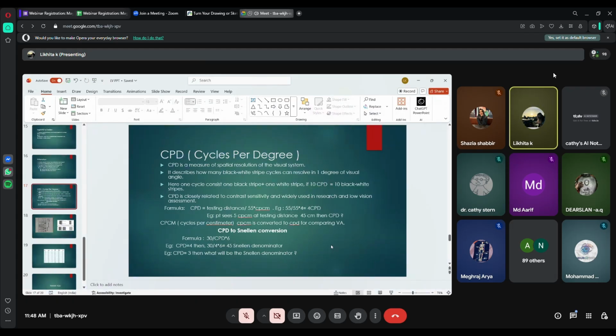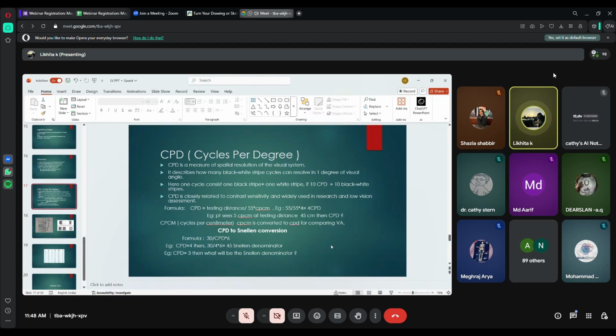So now, how to convert CPD to Snellen? The formula for CPD to Snellen conversion is 30 divided by CPD into 6. Now we all know how to calculate CPD.